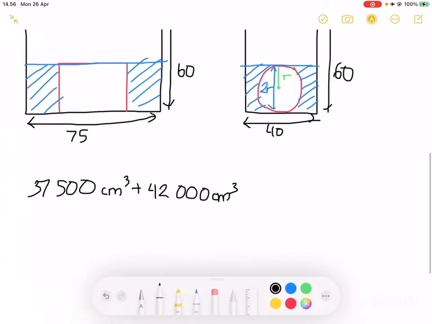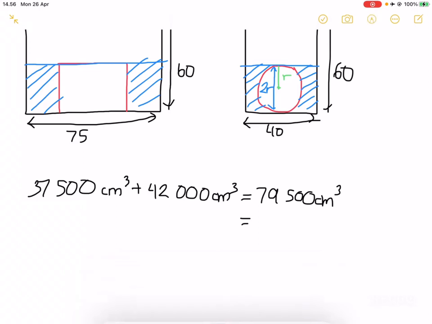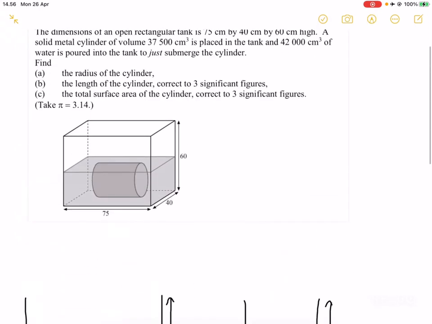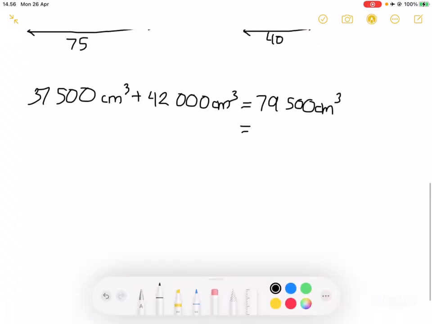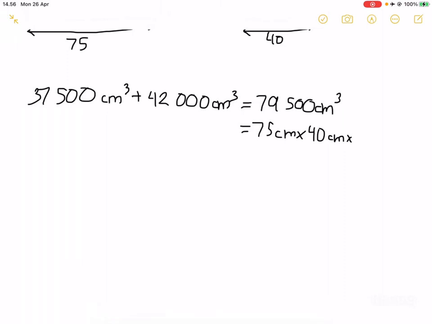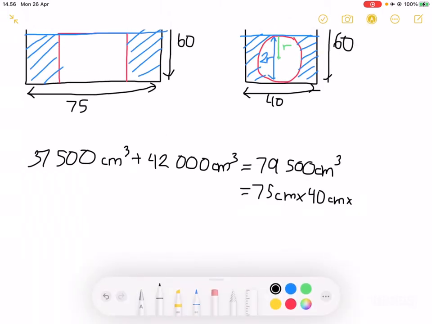This gives us 79,500 centimeters cubed, and we can approach this in another way by knowing that the volumes of both the cylinder and the water form a cuboid with side lengths 75 centimeters times 40 centimeters times the height of the water, which we have derived to be 2r.